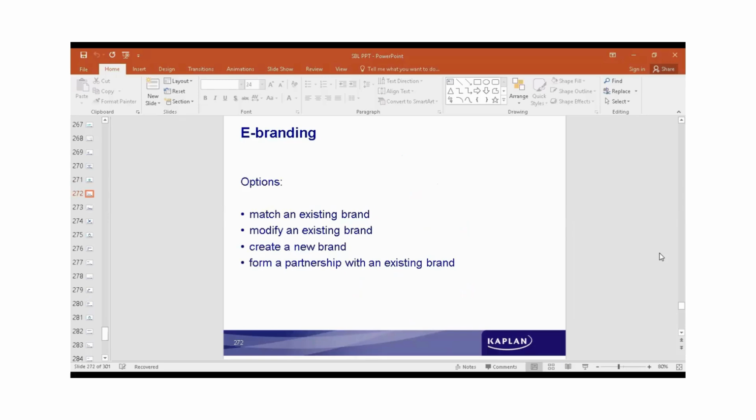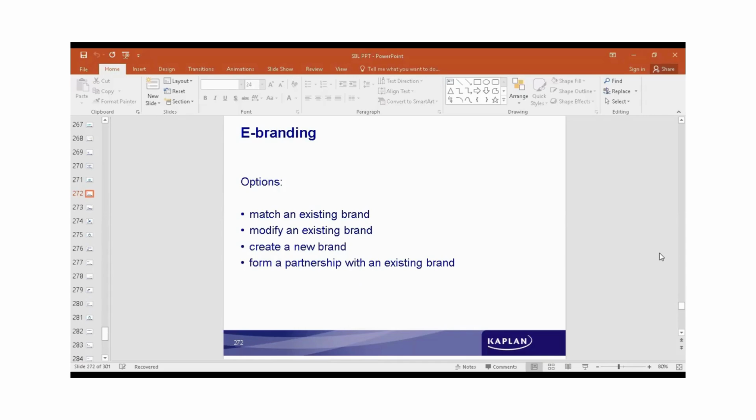E-branding. What are the options available for e-branding? Match an existing brand, modify an existing brand, create a new brand, or form a partnership with an existing brand. Branding is distinguishing themselves from others. E-branding happens on the electronic platform.